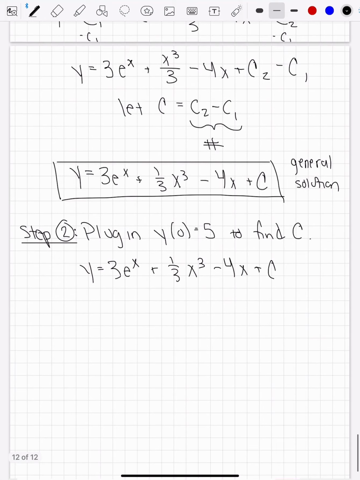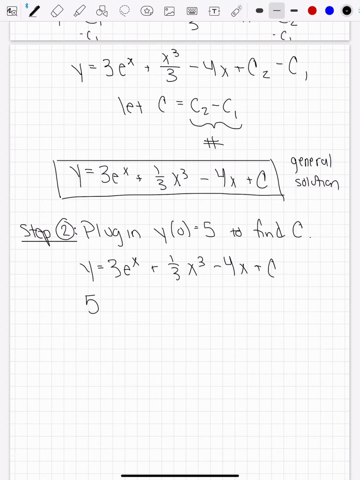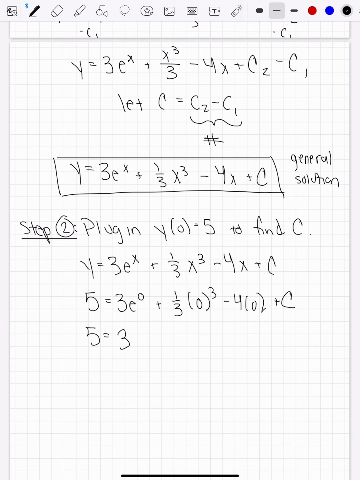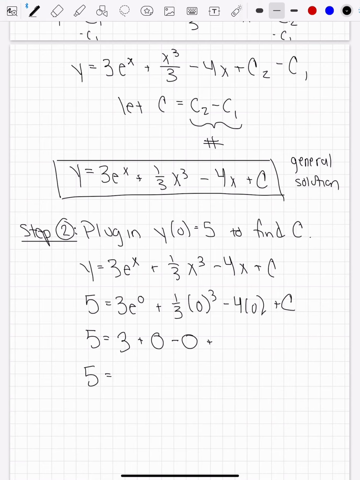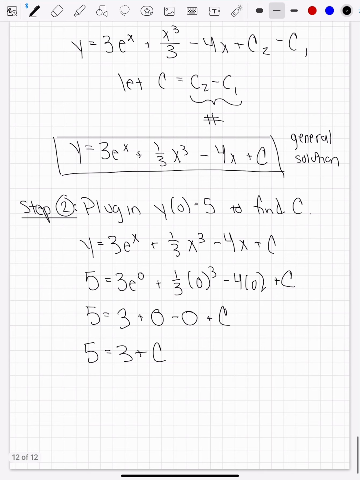So now I'm going to plug in y is 5 and x is 0, and then solve for c. So we get 5 is, remember, e to the 0, anything to the 0 power is just 1. 3 times 1 is 3. 0 cubed is just 0, times 1/3 is 0. And 4 times 0 is also 0. Then we have a plus c. So 5 equals 3 plus c. When we subtract 3 from both sides, we get c is 2.